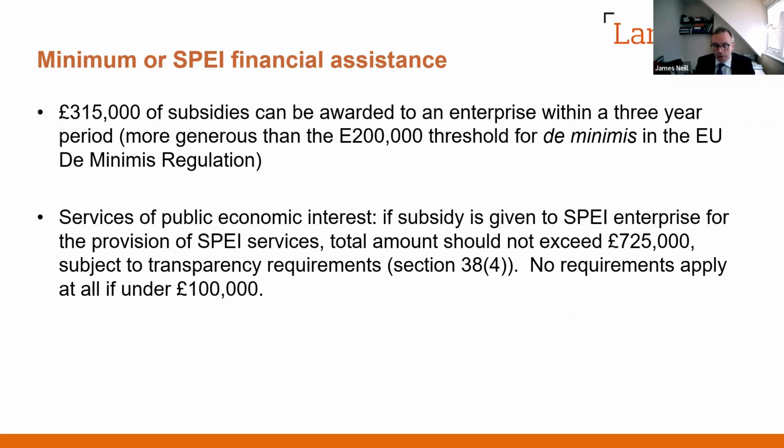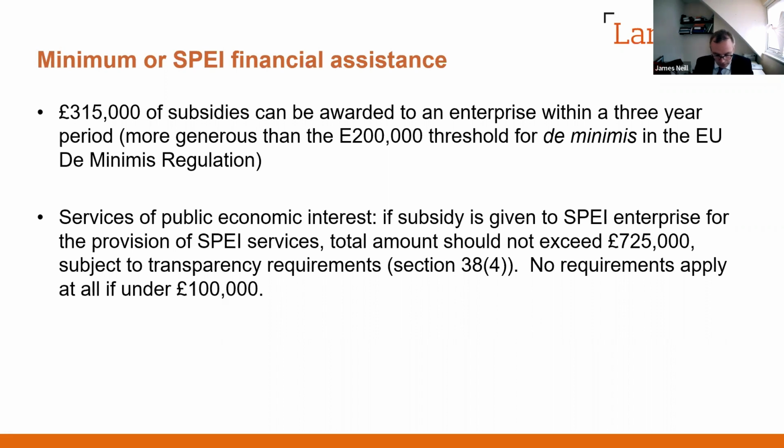Now, there are some residual transparency requirements, but in effect, what that means is that you can grant subsidy up to £725,000 to an SPEI without having to go through all the steps necessary under the Act to grant any other subsidy. And there are no requirements at all if under £100,000.